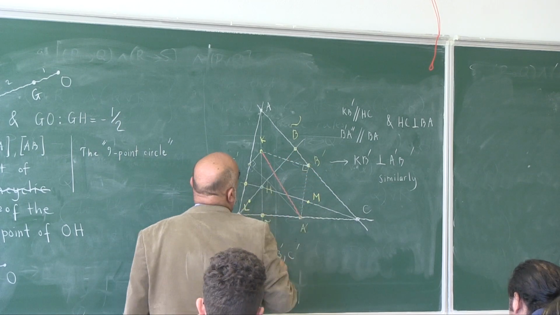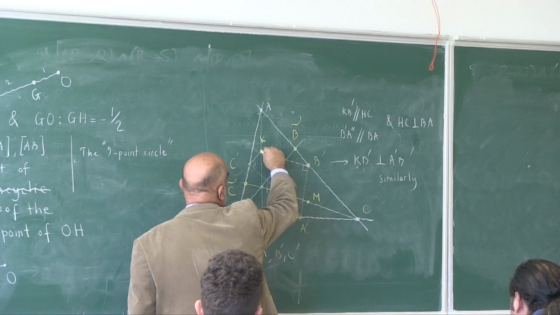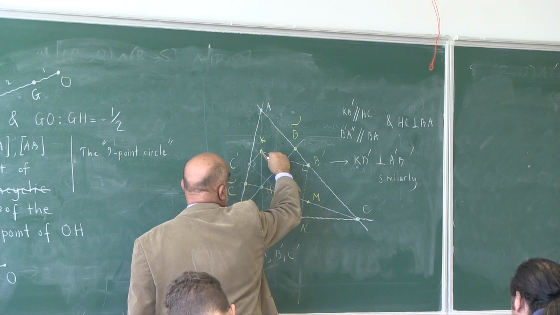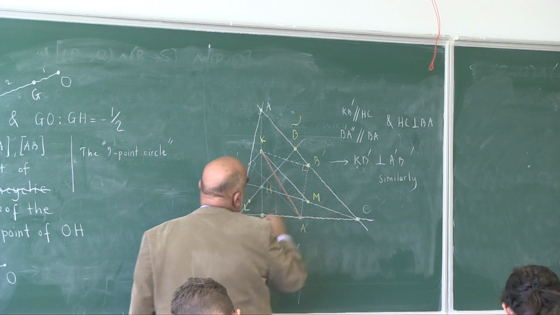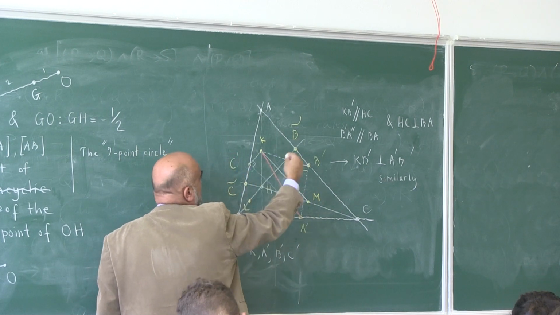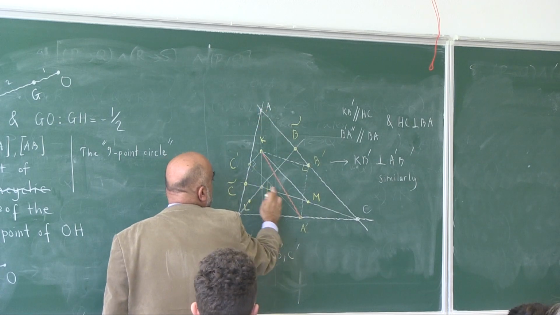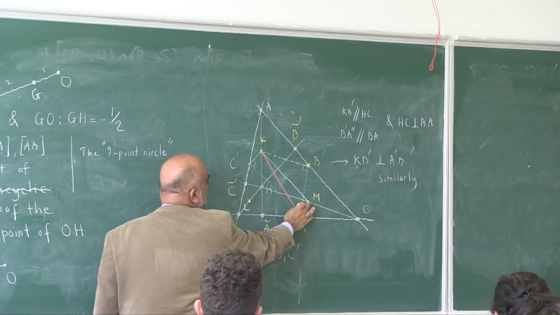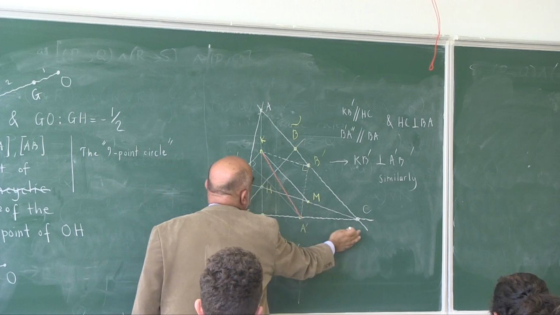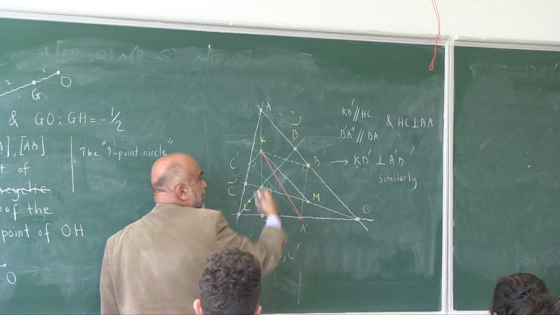So, if I join K and M, observe that K is, once again, the midpoint of AH. M is the midpoint of HC. Look here: M, midpoint of HC, K, midpoint of HA.